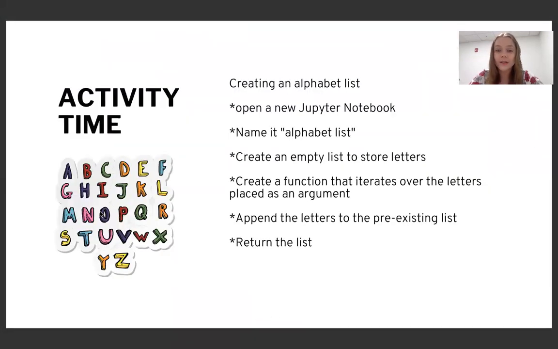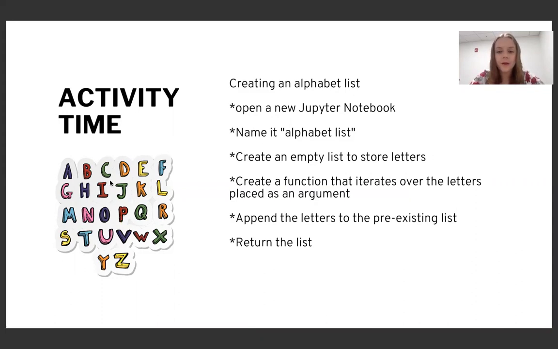So we're going to jump quickly into a little activity, and this is going to be to create an alphabet list. Our goal is to create a function so that whenever you type letters or characters into it, it's going to save them and create its own little alphabet list, but only based on the things that you use, if that makes sense.